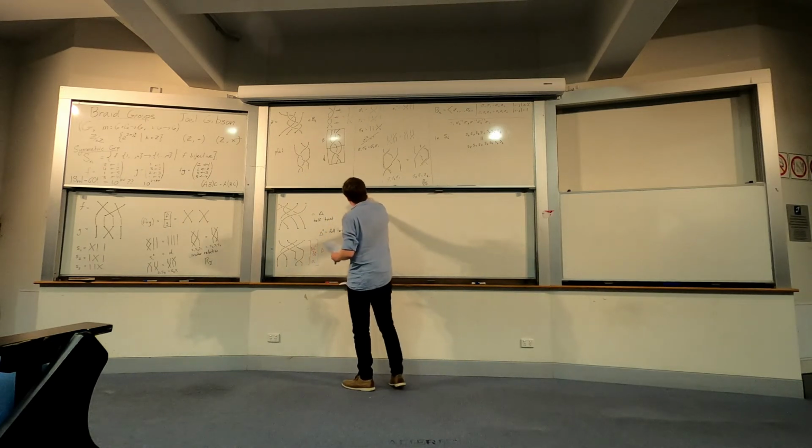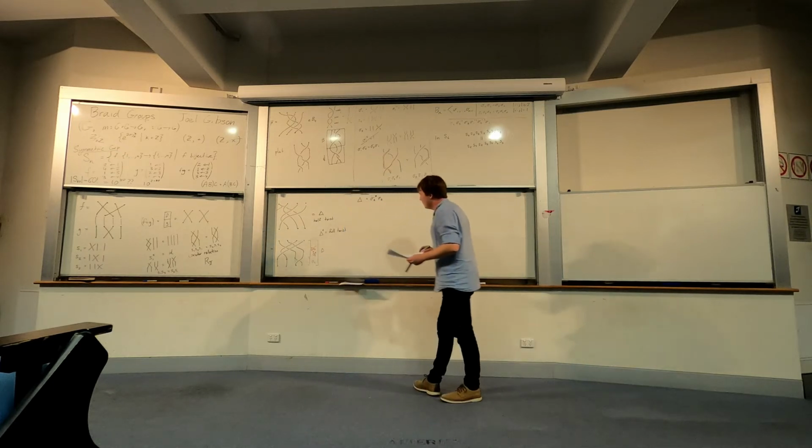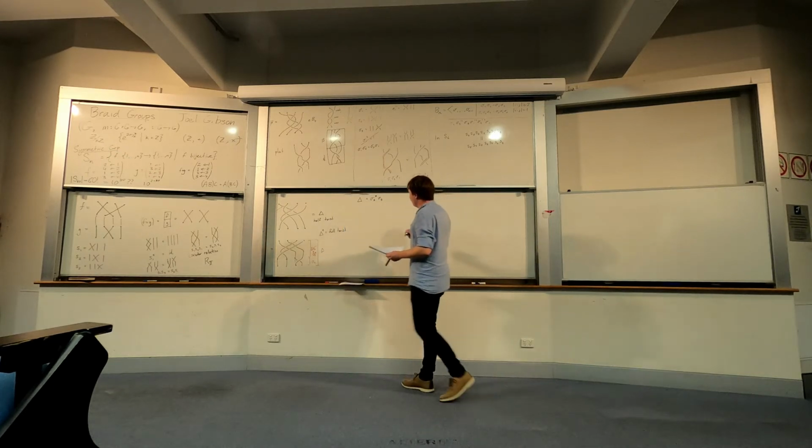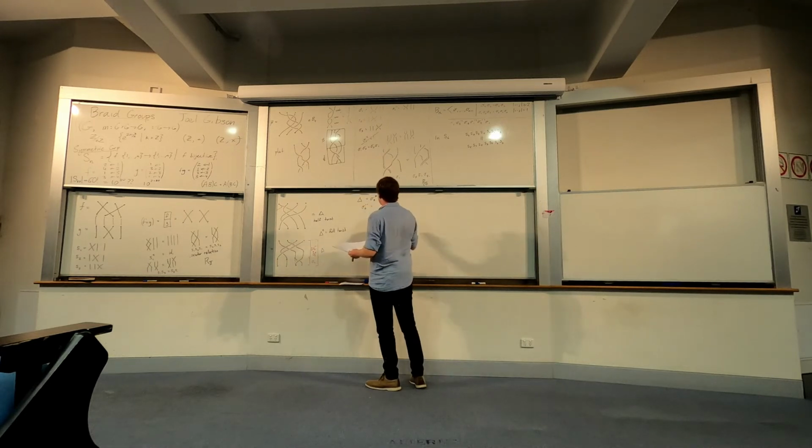So what do I have now? I have an equation: delta is sigma 3 star, sigma 3. And if you rearrange this, you get an expression for sigma 3 inverse. Which side does this go on? This side.